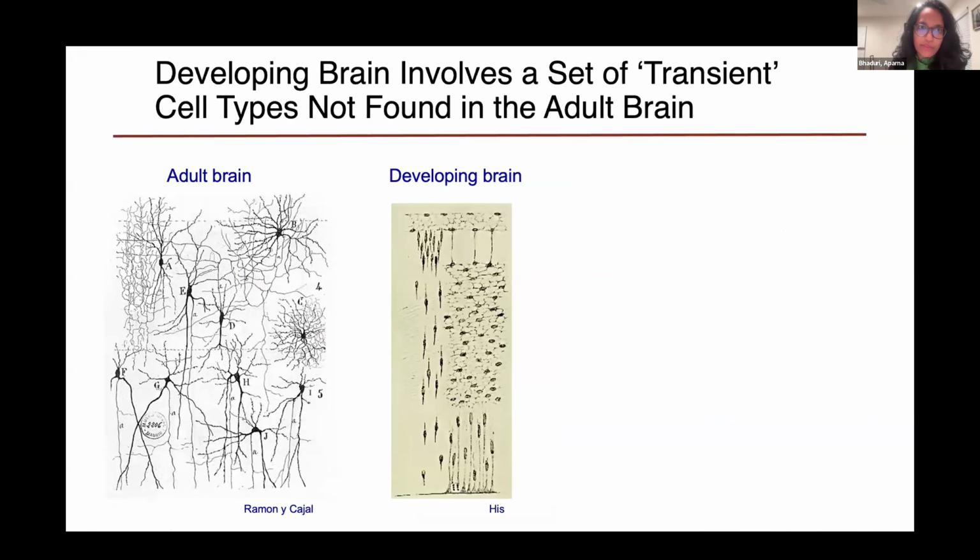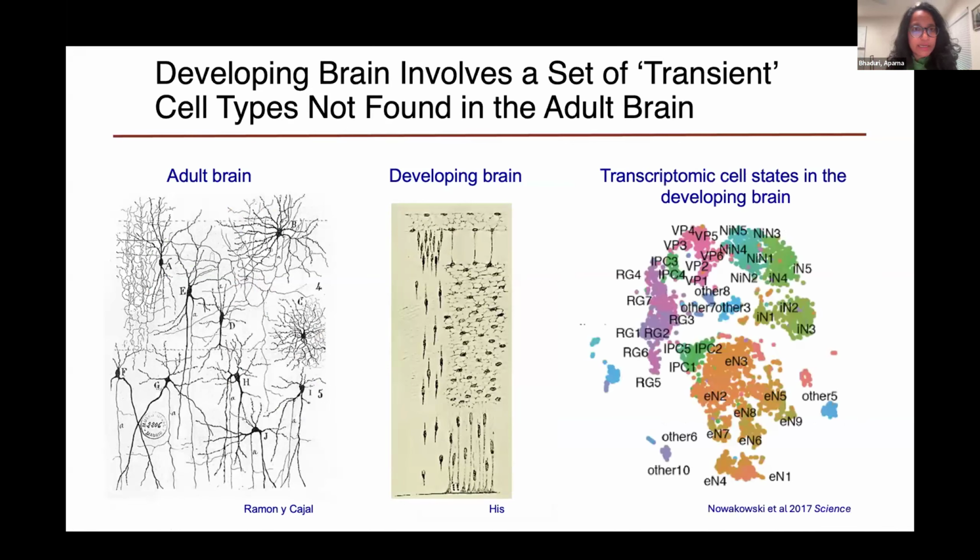And more recently, with the advent of single-cell RNA sequencing, it's become clear that not only are these differences morphological, but also there are important differences in terms of the single-cell transcriptome and the evolution and maturation of these cells towards their adult state.